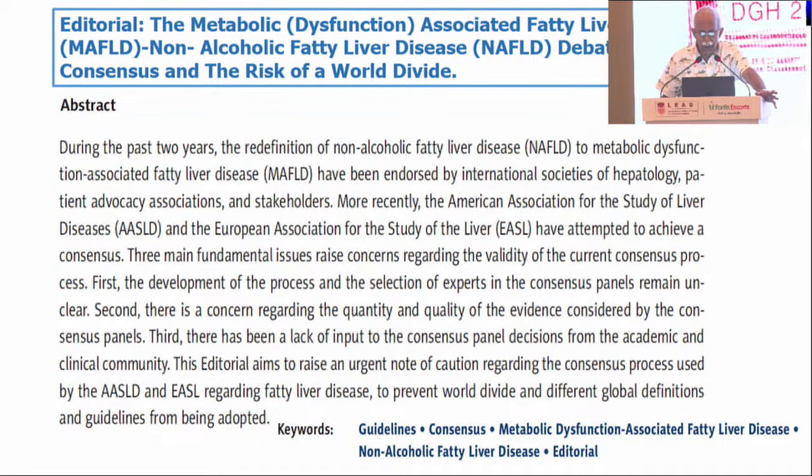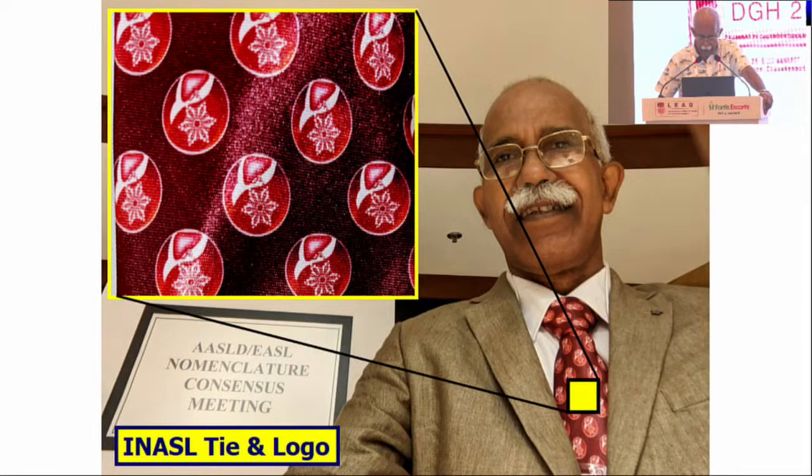Urgent note of caution regarding the consensus process used by the ASLD and EASL. Every group, when it comes to a consensus, it divides its own cronies. Whether it was the EASL, ASLD group, whether it is a puzzle group, they got their cronies together and then they cobble up a consensus. But when the other person comes up with a consensus, they are not happy.